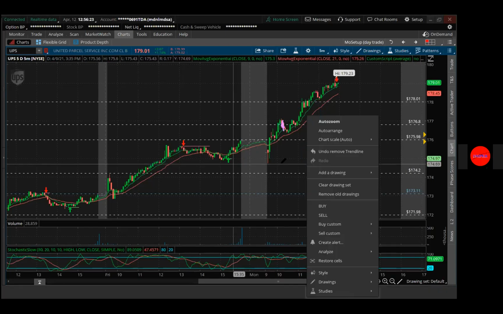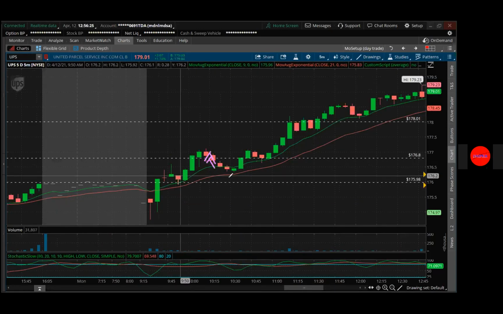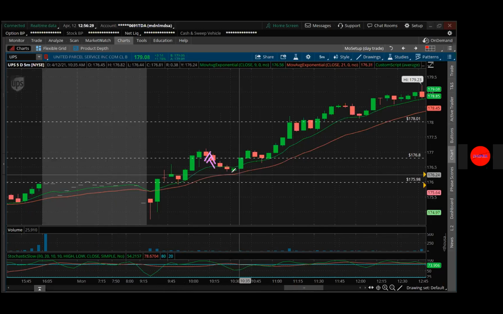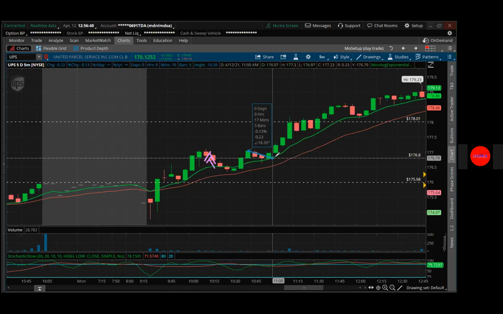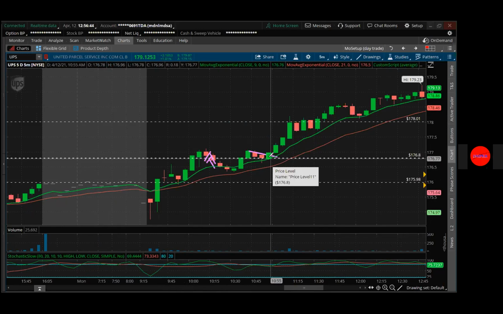So risk to reward wise, it was nice. It's just that I didn't manage my size, and I cut my position right here. I believe it was this green candle after the break of that bull flag. So it was a nice place to cut.